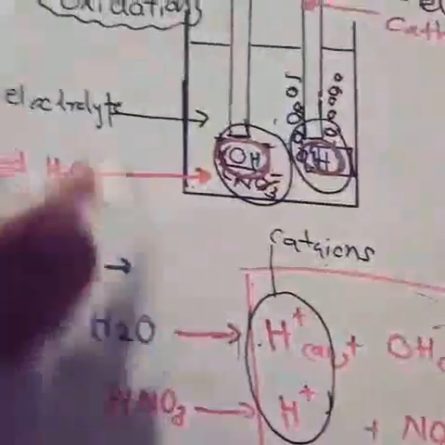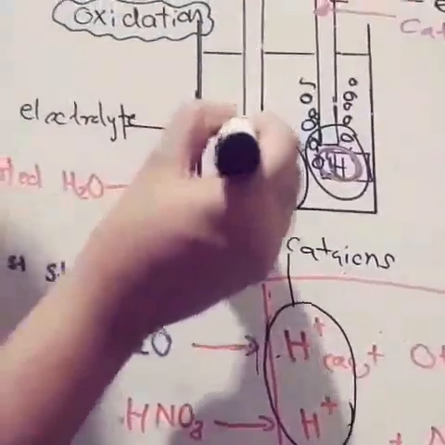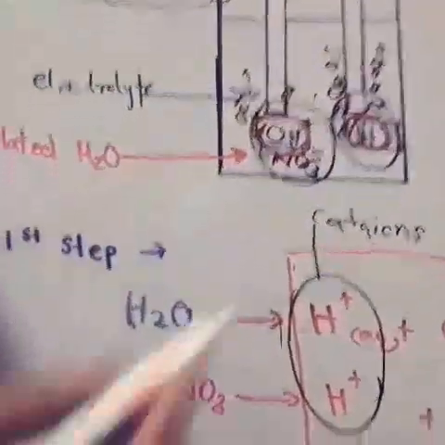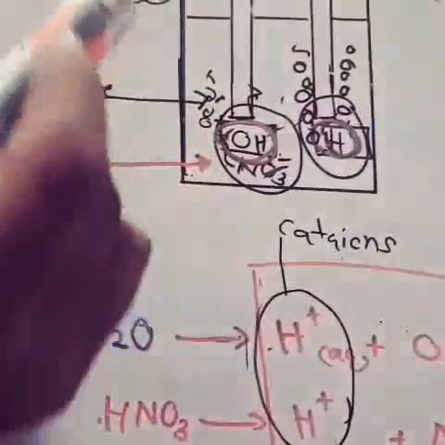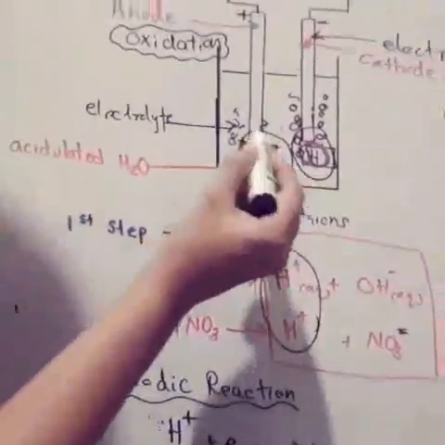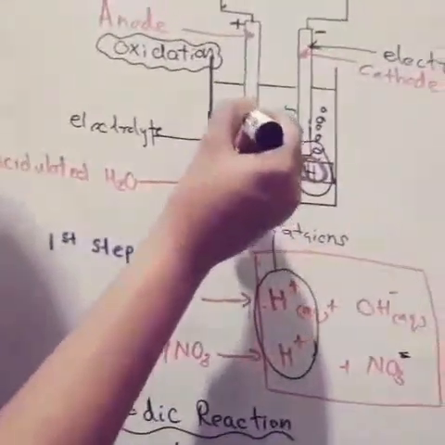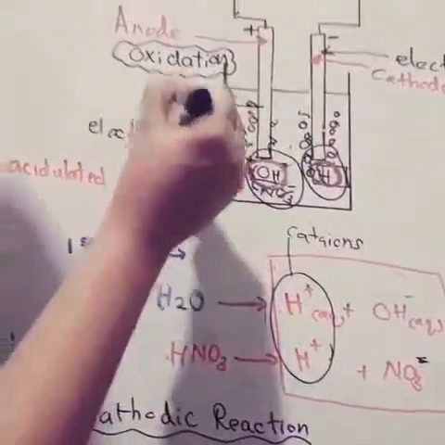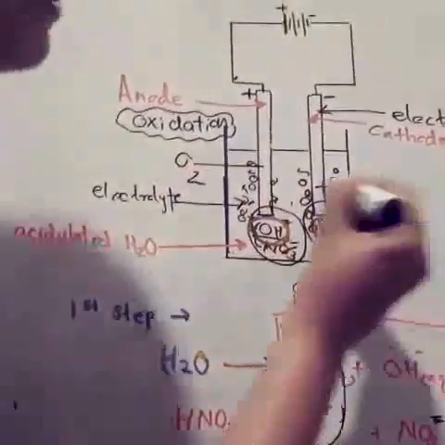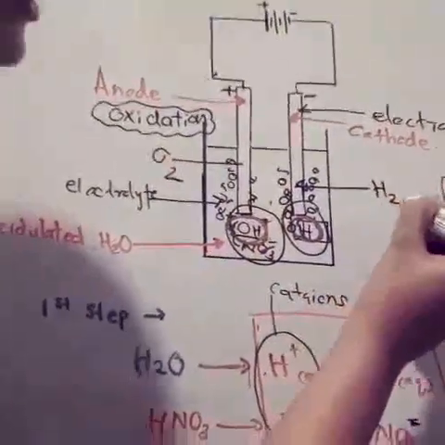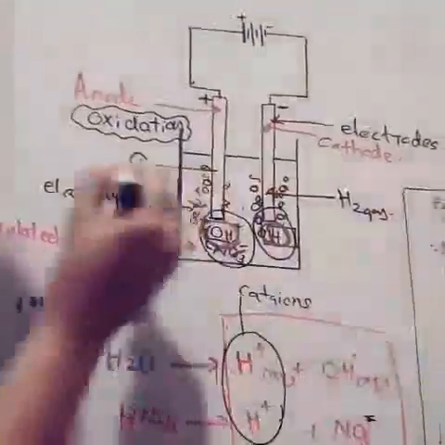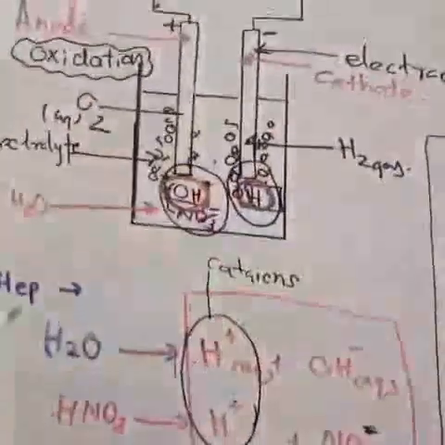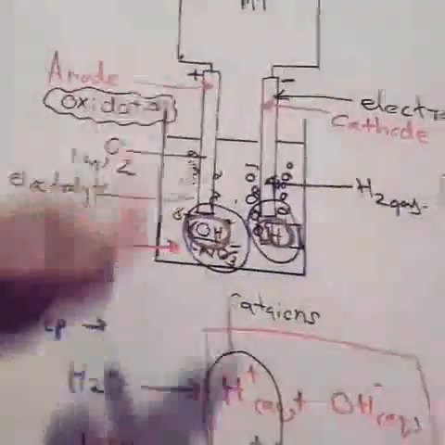You can see some bubbles. And also at the same time here there can be some bubbles. What may be the reason? Because in the anodic reaction we saw the production of oxygen. These bubbles are because of oxygen gas. These bubbles are because of hydrogen gas. Oxygen gas and hydrogen gas are produced by this reaction.